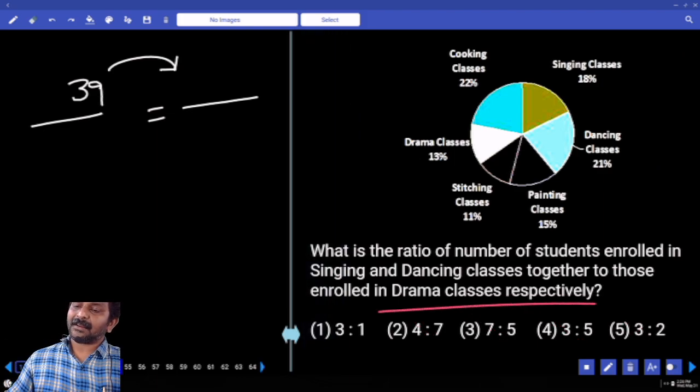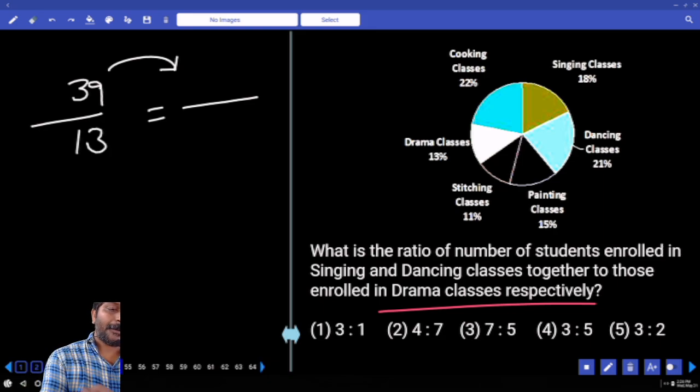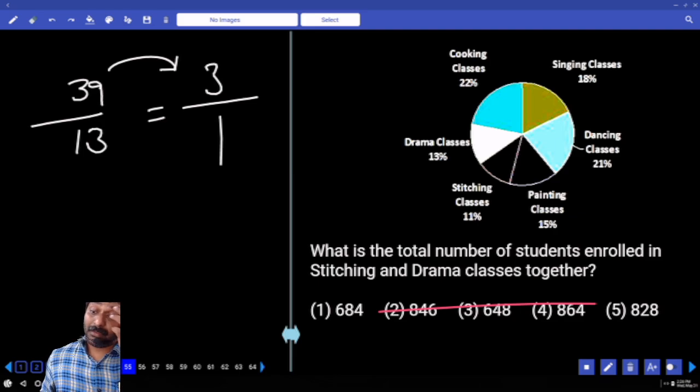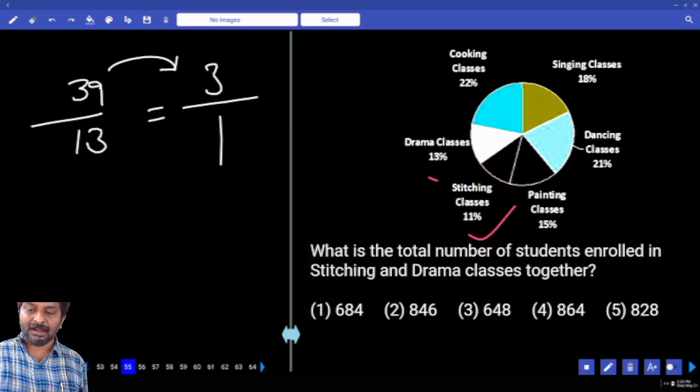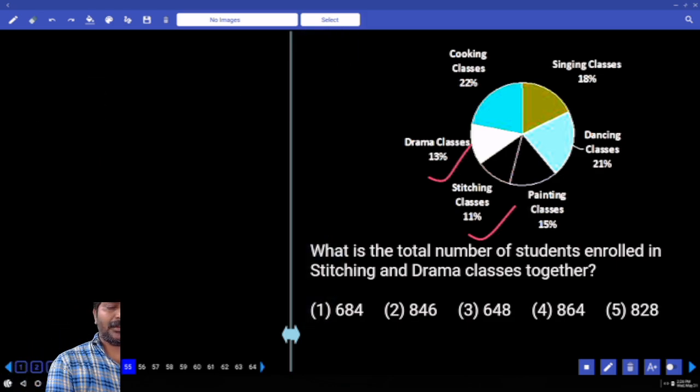Those who are enrolled for drama. What is the total number of students enrolled in stitching and drama classes? Stitching and drama both together. 20 into 1%, 36.